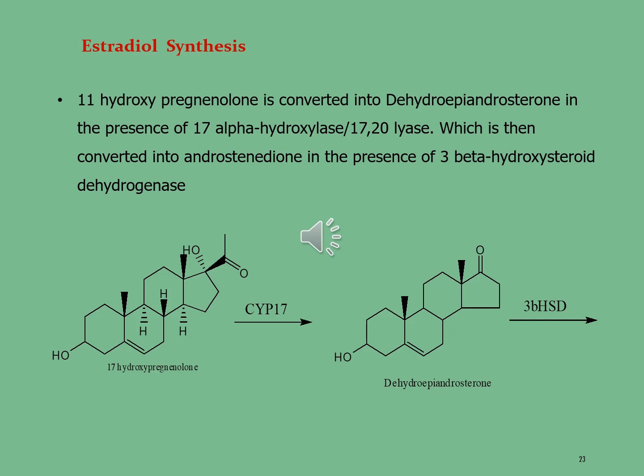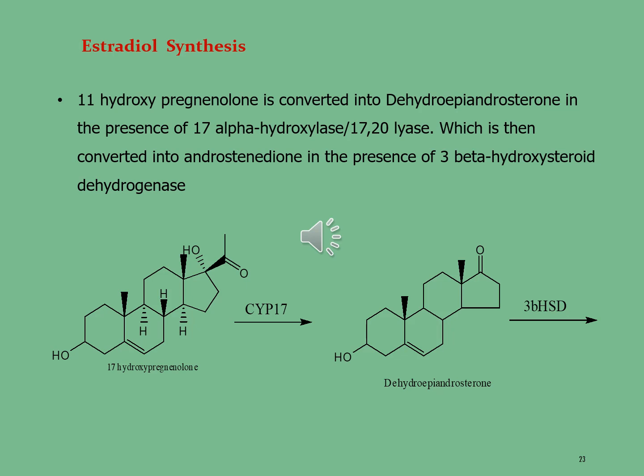This molecule is converted into dihydroepiandrosterone, in which the acetyl group and the hydroxyl group, which are present at carbon 17 position in the previous molecule, are converted into a carbonyl group.